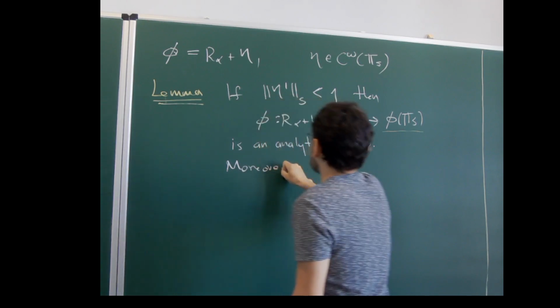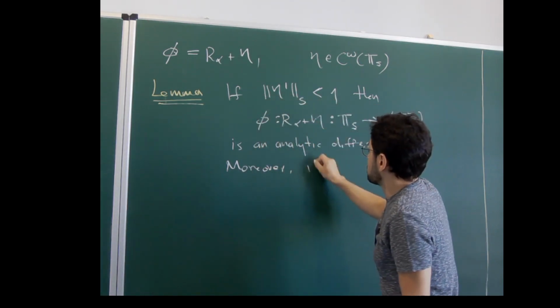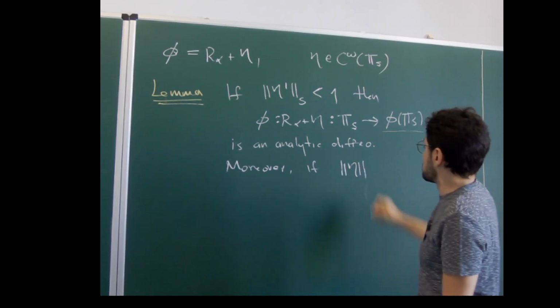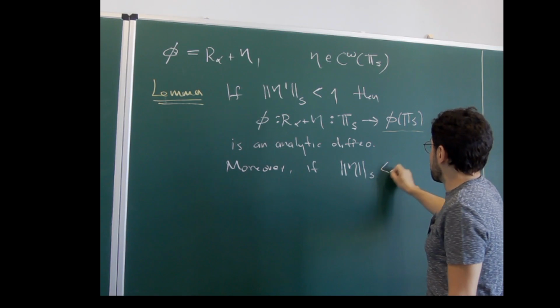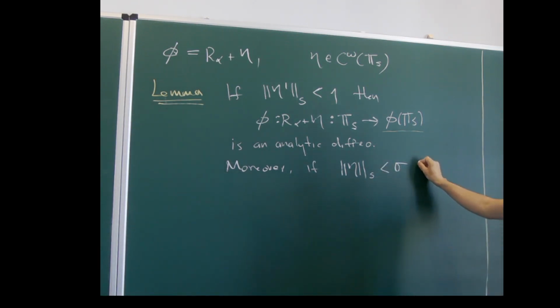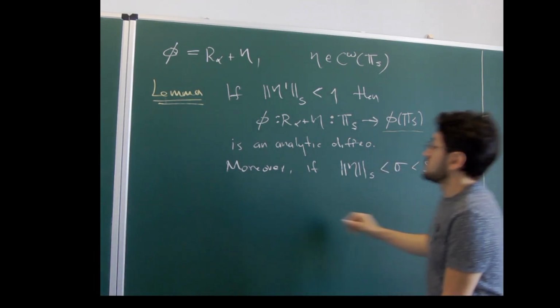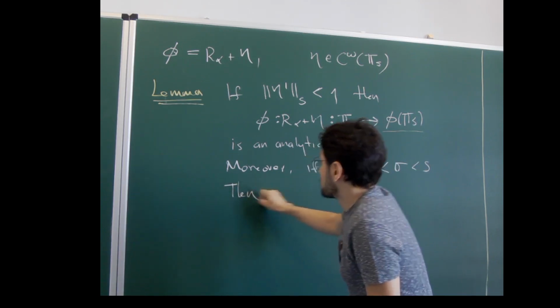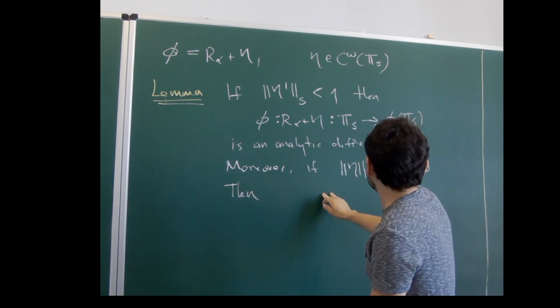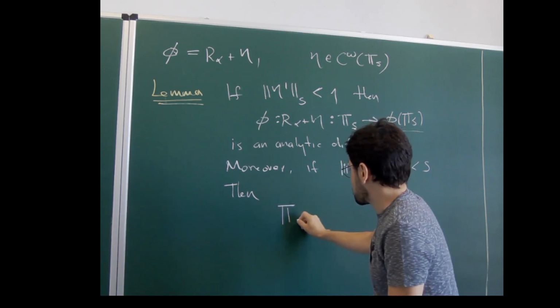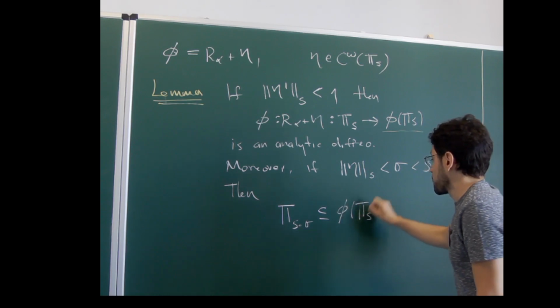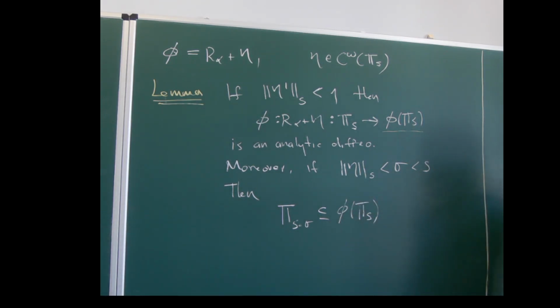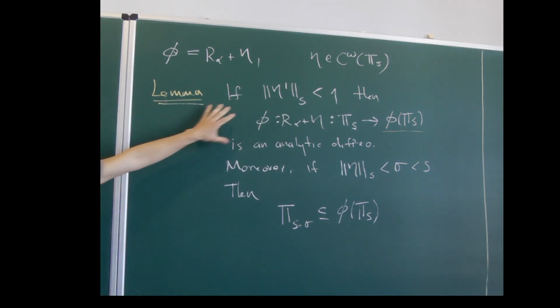If I suppose that this is a small perturbation, so if I say that the norm of my function here is smaller than some sigma, so this is smaller than S, then what you know is that this torus is contained here.